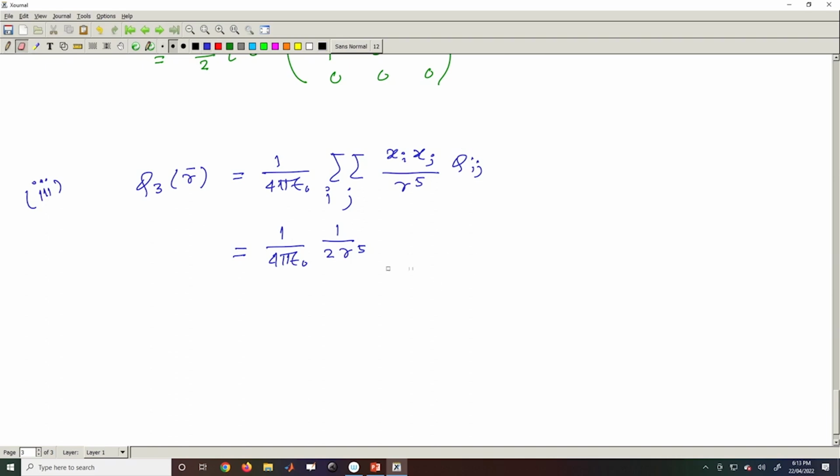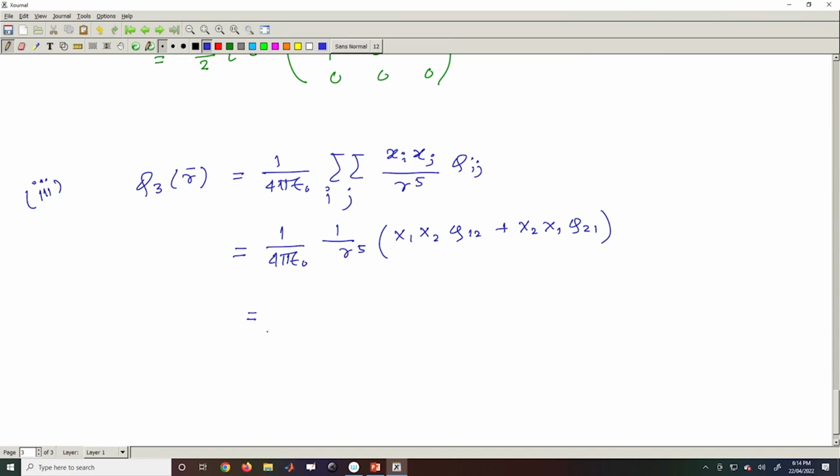So, that quantity qij I already figured out. So, I just need to put the qij. What qij do we get here? It is x1 x2 q12 plus x2 x1 q21, because only 12 and 21 are non-vanishing, all other values are 0.